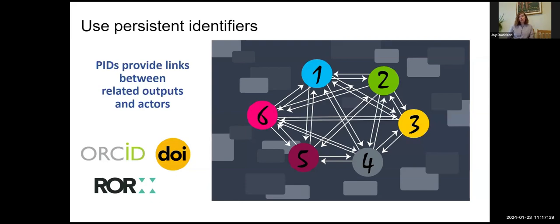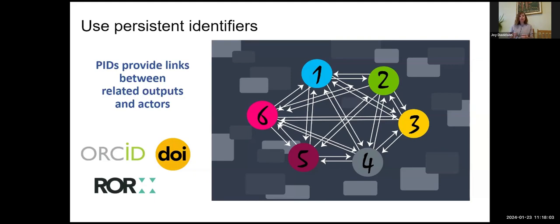But we're also putting now an equal emphasis on things like research software. So if people have developed specific bits of code to do analysis during their research, that may also need to be considered, and you might want to make this FAIR as well. So the use of persistent identifiers is really crucial in establishing those links between the different research outputs.